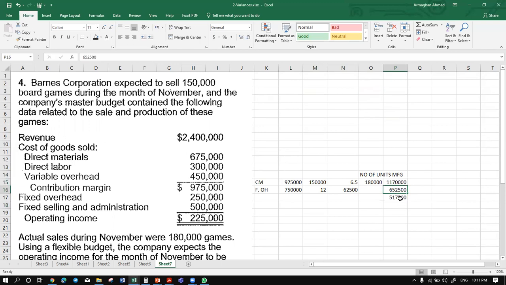750 is what they have given yearly. You're right, so we will not divide by 12, right? So we have the contribution margin this much, and we'll minus the 750 only, right? Yes, sir. So 750,000 down, so that will be how much?